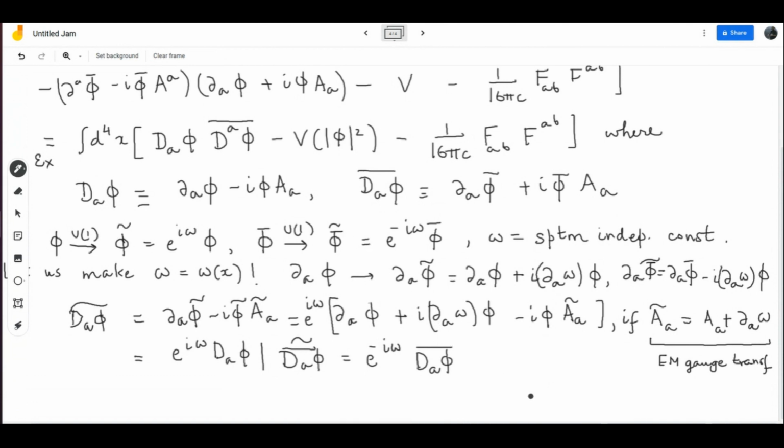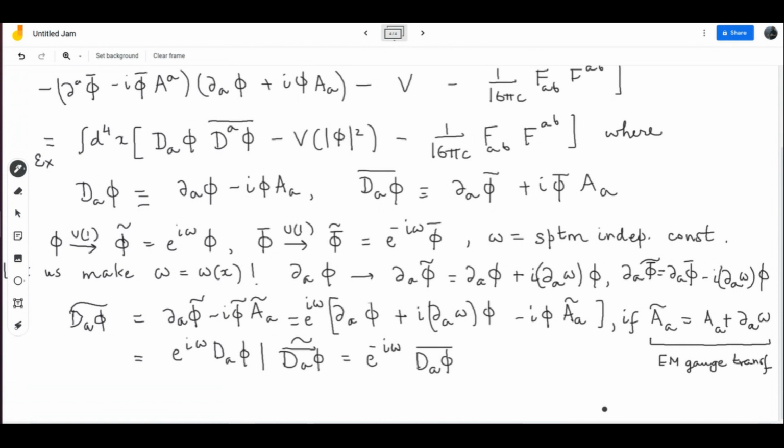So once we have this, dA phi bar, when I make an omega transformation which depends on x, because of their transformation property, the omega dependence cancels out and we are left with an invariant action. And of course, everything else is independent of omega. V of phi squared is independent of omega, F A B by definition is gauge invariant.